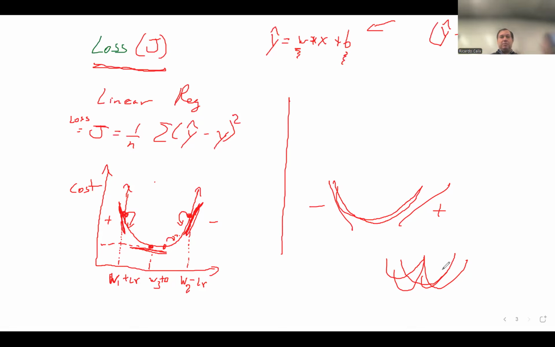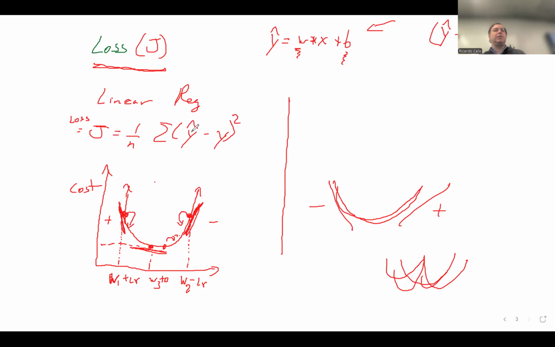But anyway, this is the mechanism of stochastic gradient descent, and hopefully it makes sense to you guys. If you've ever heard an example graphically of a derivative, you have a function, you take the derivative at that point, it is a tangent to it, right? The tangent translates into either plus or minus, and that plus or minus translates into what you need to do in the update at that point in the loss.